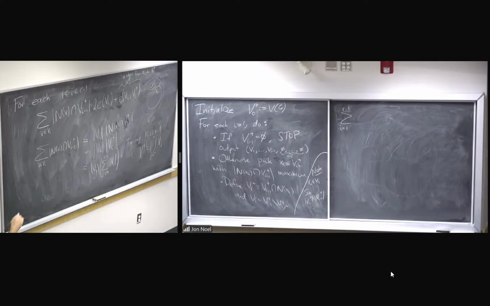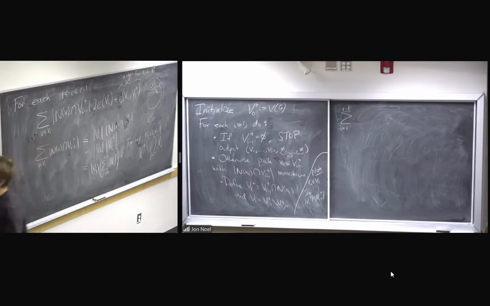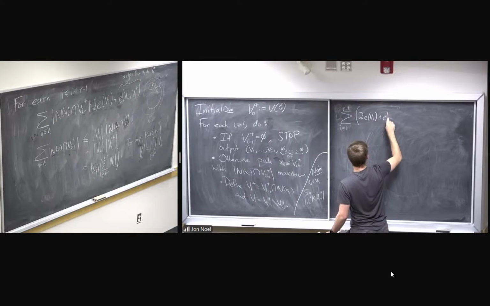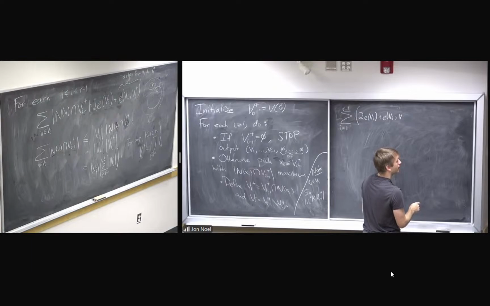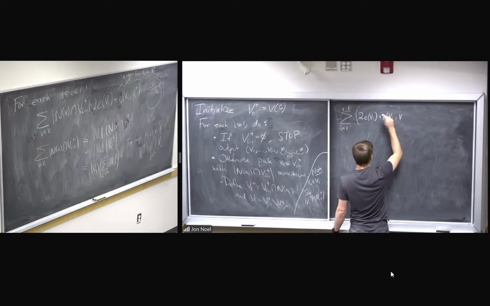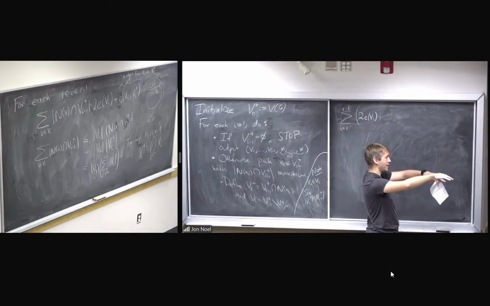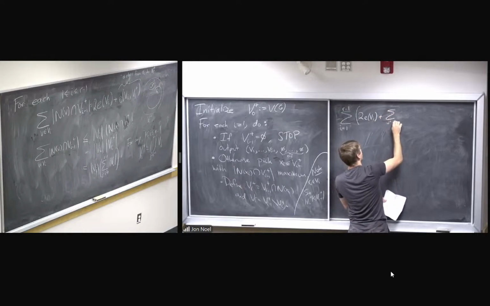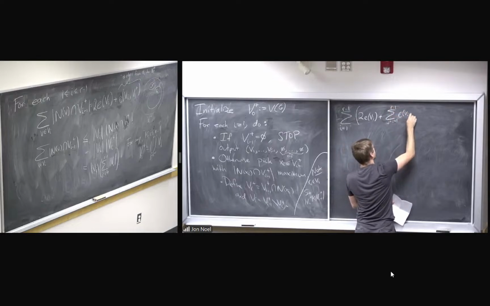I'm going to sum this quantity over all i, which is the same as summing this thing: 2e(Vi) plus the number of edges from Vi to Vi-plus. Since Vi-plus is all the later Vj's, this is equal to the sum from j equals i plus 1 to r minus 1 of the number of edges from Vi to Vj.